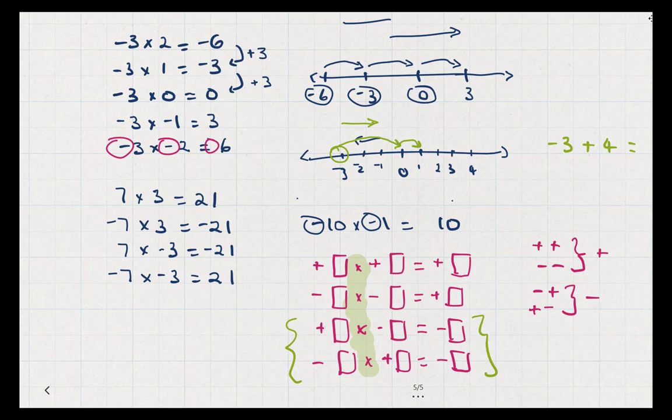Talking about this in a money sense, my bank account has -$3 in it. That is, I owe the bank $3. I put in $4. $3 covers what I owed, so the amount of money that I now have to spend is $1. So just be careful. The answer to this is not 3 plus 4, 7 with a minus in front. That is incorrect.